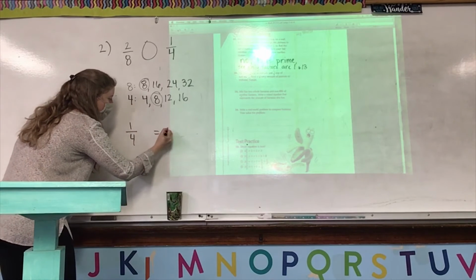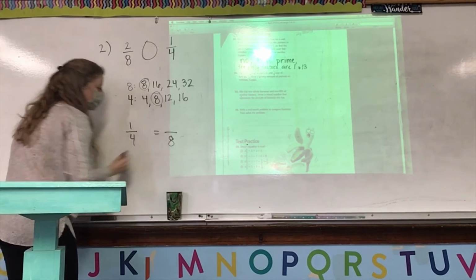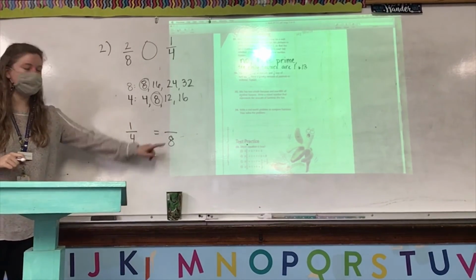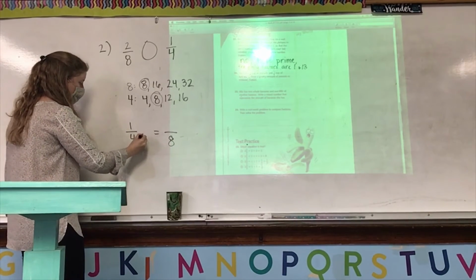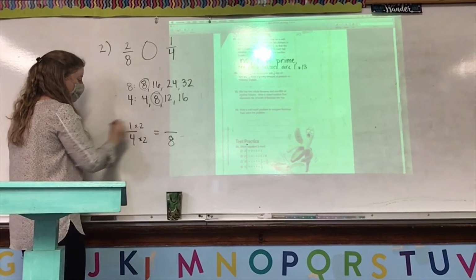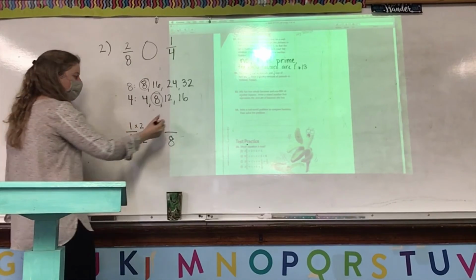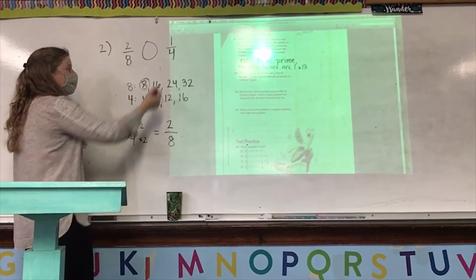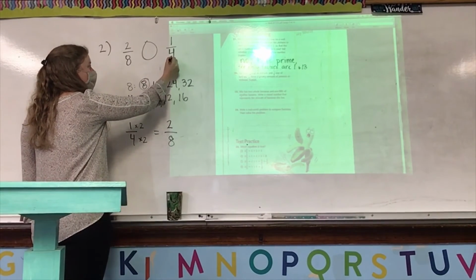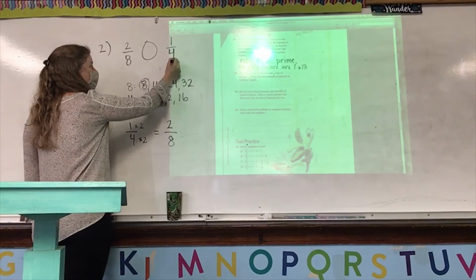So 1/4 needs to become something 8ths. 4 times what equals 8? 4 times 2. So that means we need to multiply the numerator. 1 times 2 is 2, so 1/4 is equivalent to 2/8.